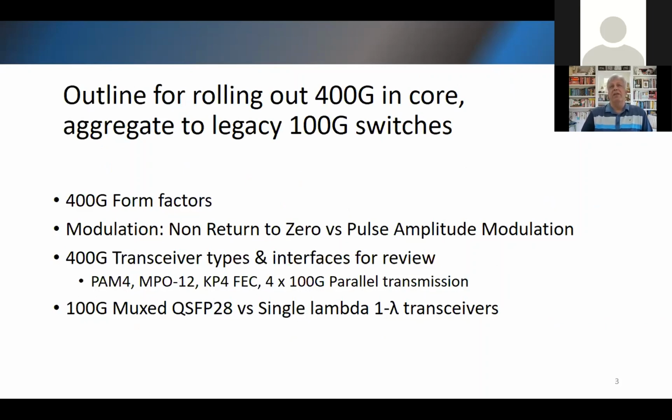Then we're going to look at transceiver types and interfaces for the 400 gig, and then look for compatibility with the 100 gig. We're going to look at the old products, the MUX QSFP28, where you take basically four 28 gig signals and mux them together and send them down a single wire, versus the single lambda architecture, which is going to be used to interface with the 400 gig.